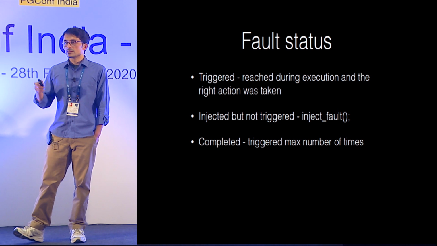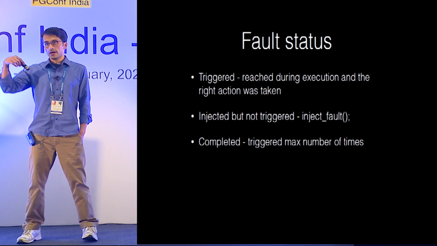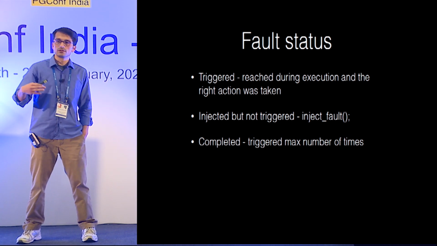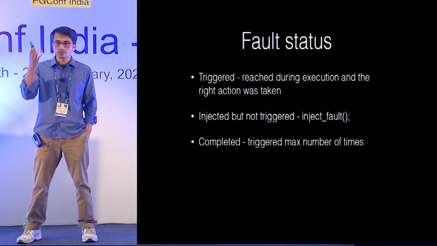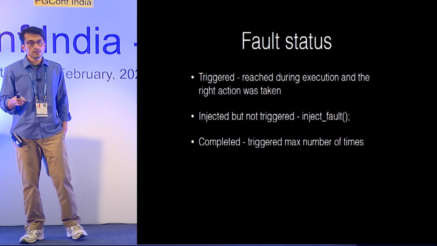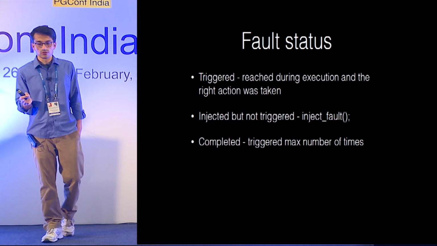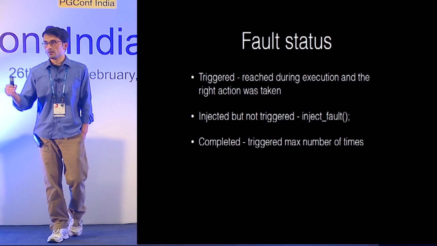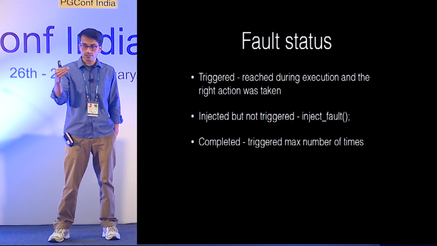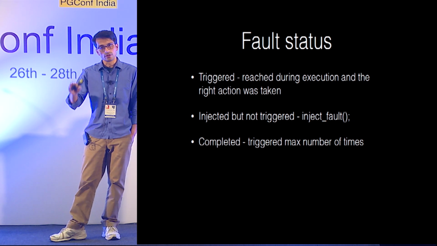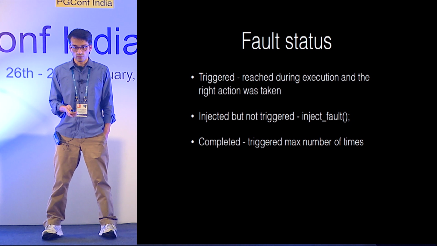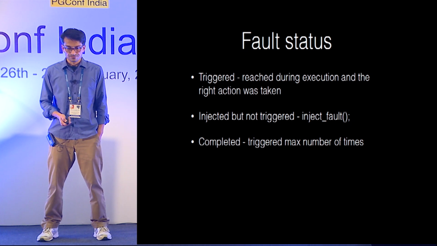Completed means some backend process reached the fault and the action was taken, and it was triggered the maximum number of times, so it will no longer be triggered. Even if another backend process reaches that point, no action will be taken. It will continue as if no fault was enabled.